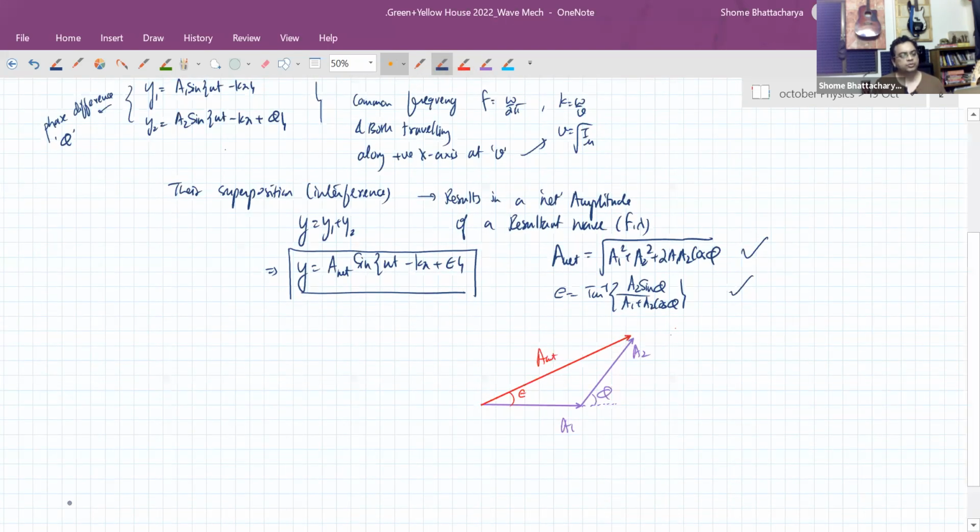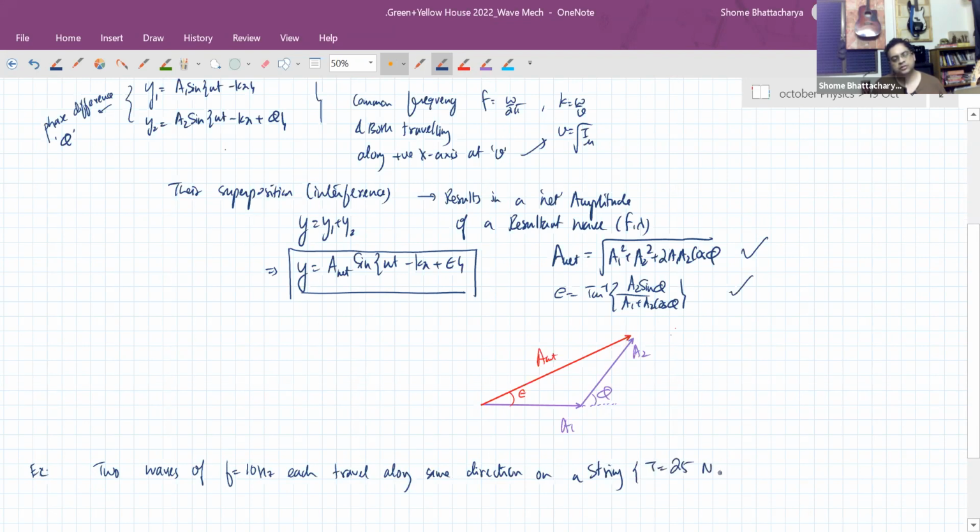So let's look at a quick numerical example with the application of this. Two waves of frequency 10 hertz each travel along the same direction on a string which has a tension of say 25 newtons and a linear mass density of 0.1 gram per centimeter.